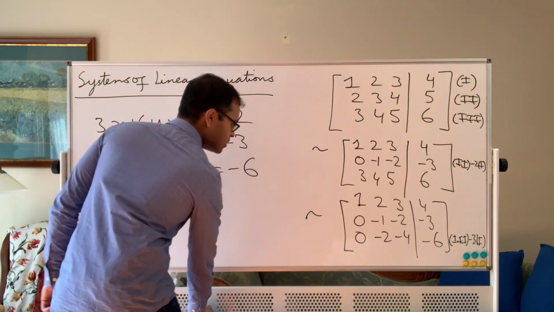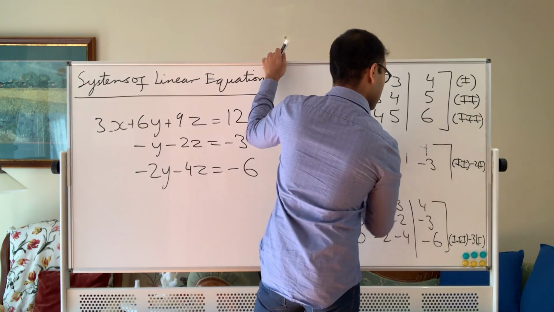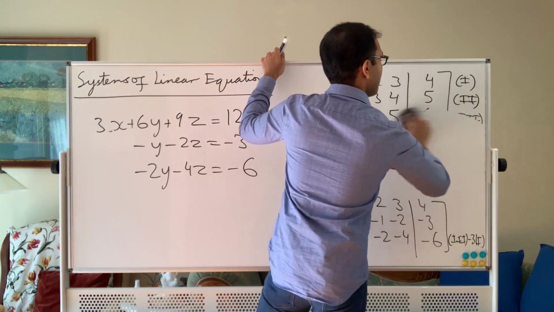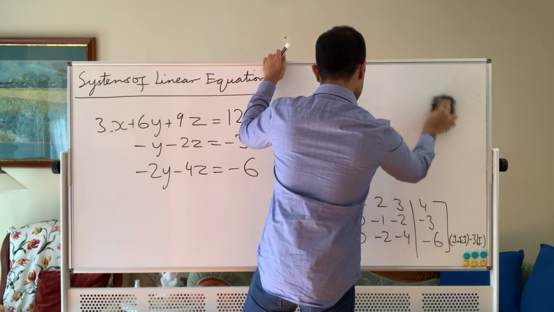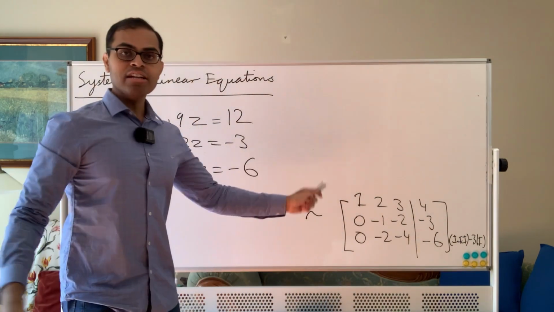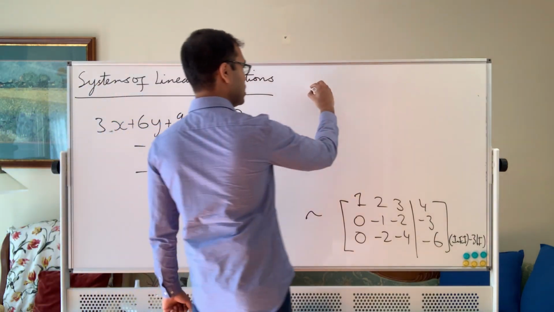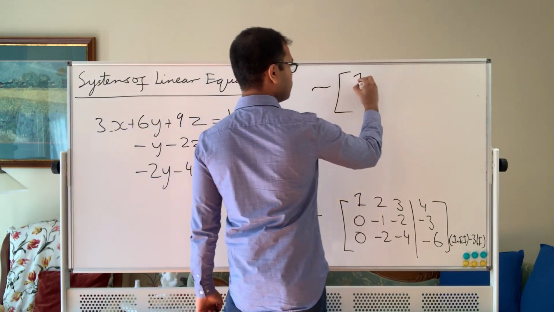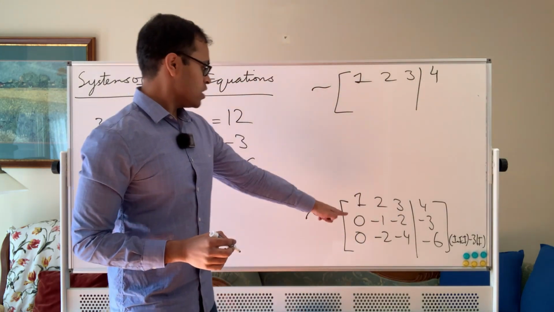So here we've got that. If we now go back up, I'm just going to erase what we originally had at the bottom and show you the row reduction on the bottom matrix, the augmented matrix, up top. Now we add twice the second row to the third row, or twice the second equation to the third equation. So if we go up top, we're going to keep the first equation as it is, 1, 2, 3, 4. And then we're going to add this.